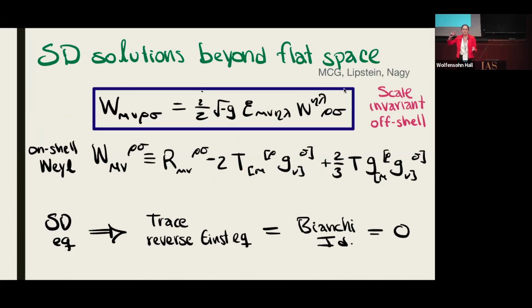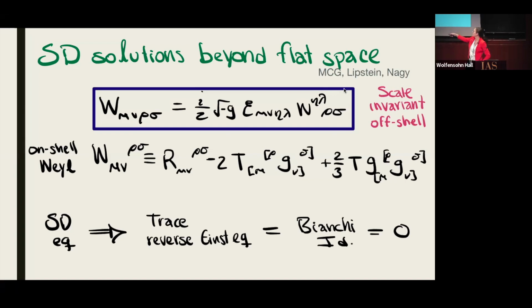So this is work that I've been doing with Arthur Lipson and Silvia Nagy, and hopefully it will come out soon. And the idea is, again, you want to have self-dual solutions, but now in more generic curved spacetimes. So like before, we look at the curvature that has to be self-dual. That curvature, you can think about it as actually being the Weyl tensor on shell. So here, if you consider this to be the Weyl tensor, off shell, you know it will be scale invariant.